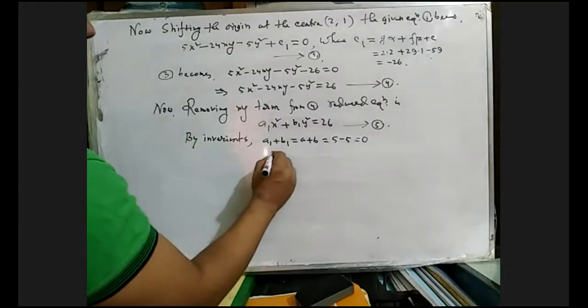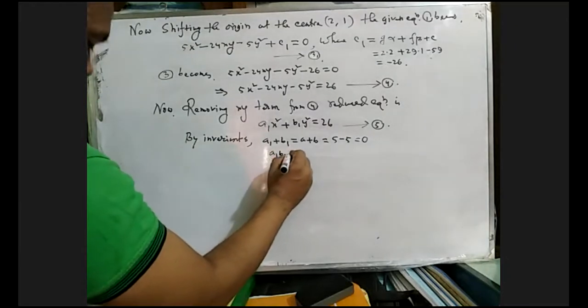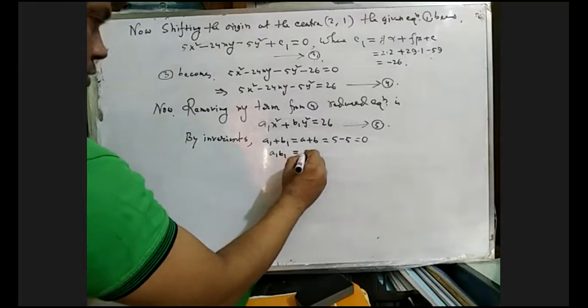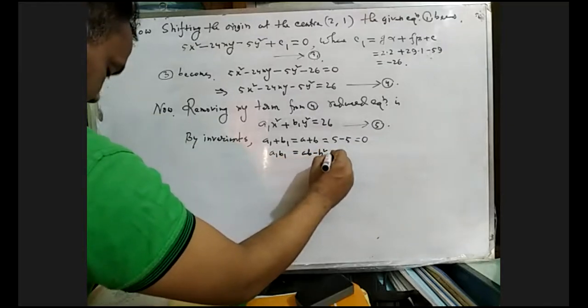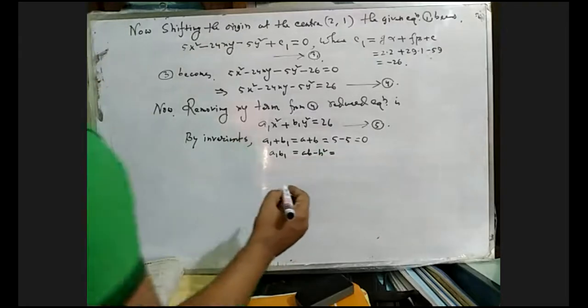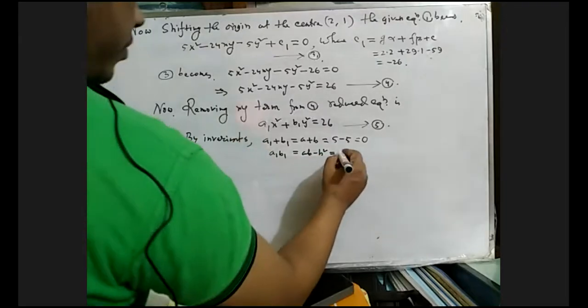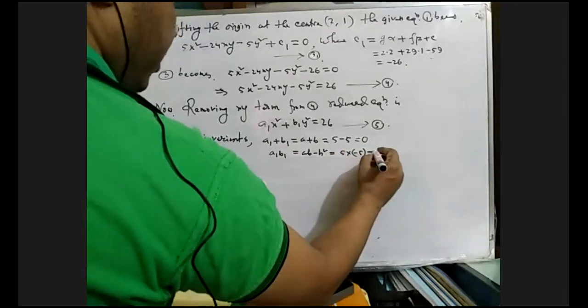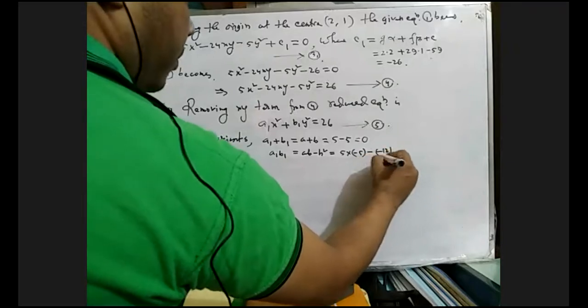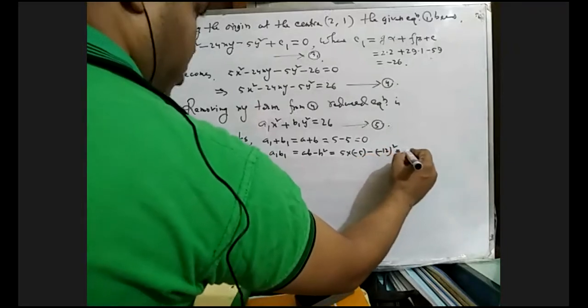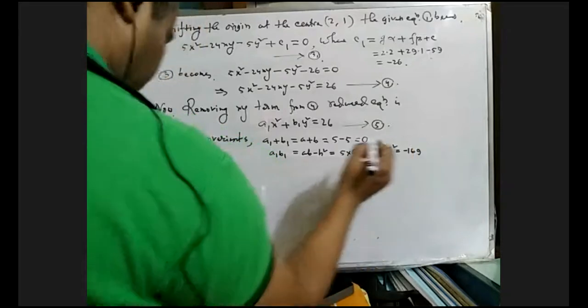And a1 b1 equals to ab minus h square, equals to what? ab means what? 5 multiply minus 5 minus h means what? h minus 12 maybe. So this equals to minus 169.